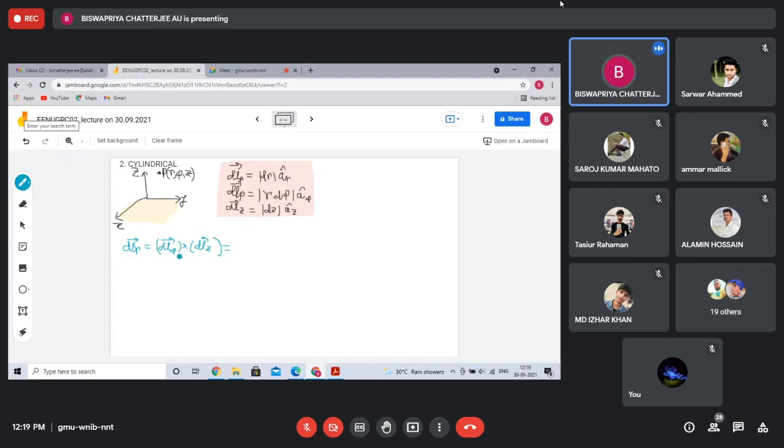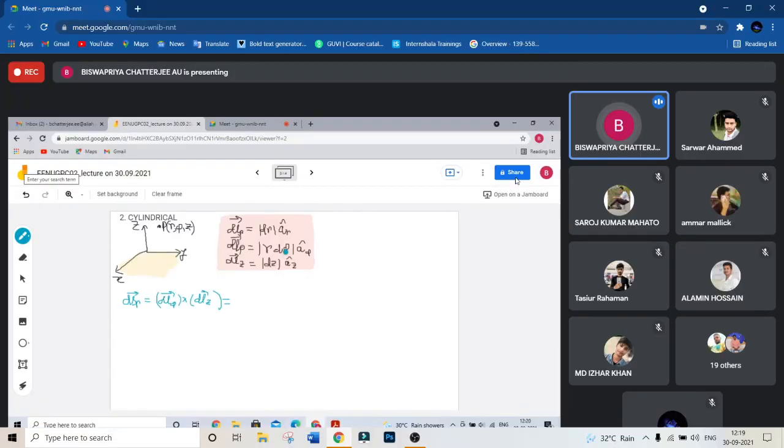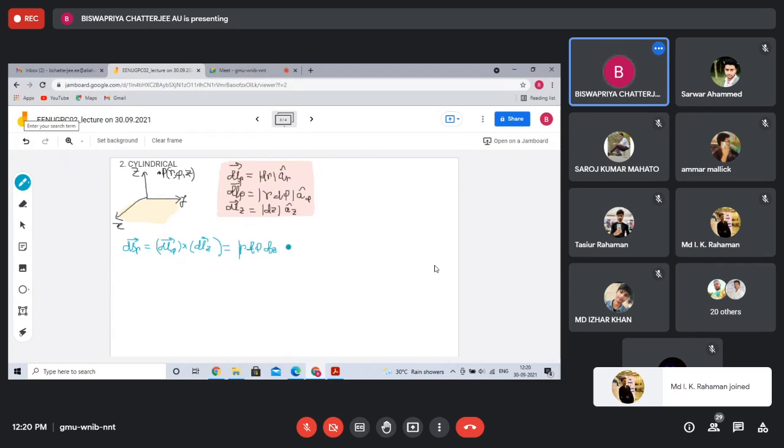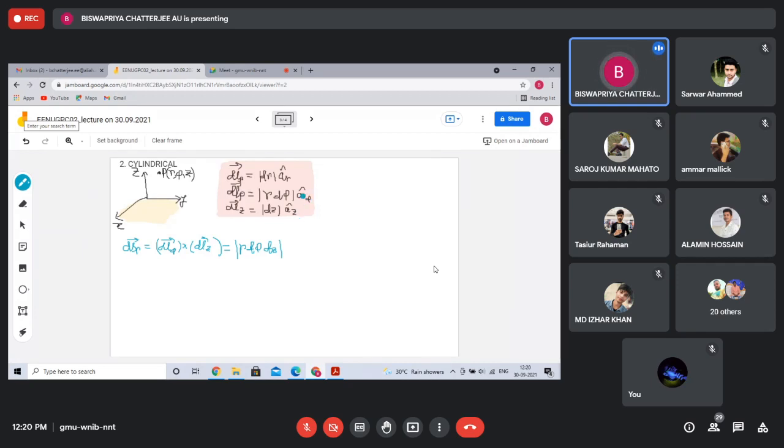The magnitude is r d phi dz, and the direction is a phi cross az, which is ar cap. That is why I have written ar cap.